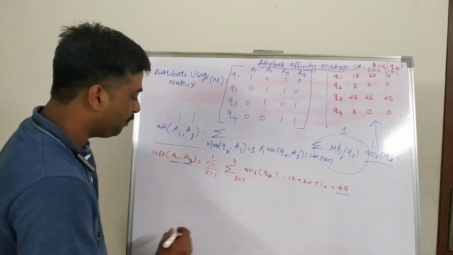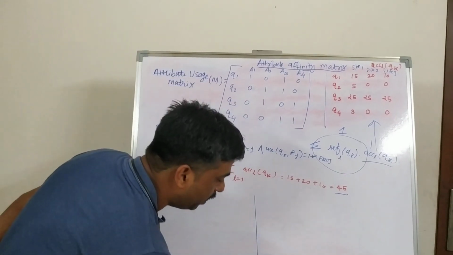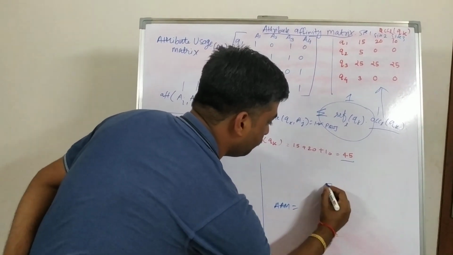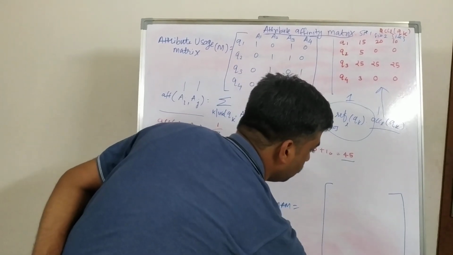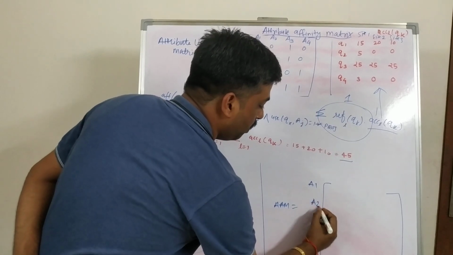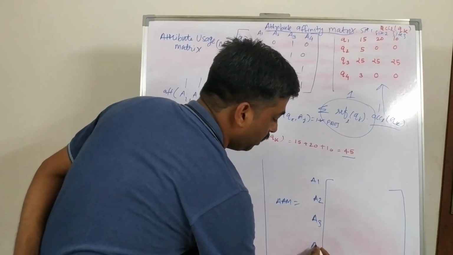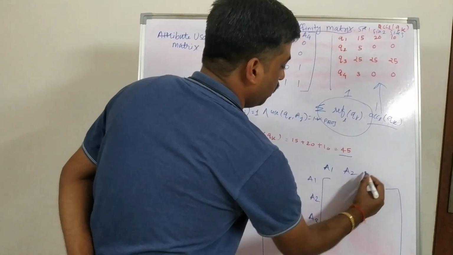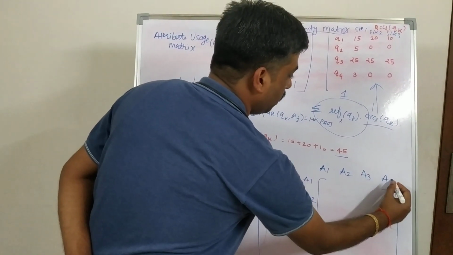So let's say before calculating the attribute affinity matrix, this is your attribute affinity matrix, and we will write A1, A2, A3 and A4. Here we will write A1, A2, A3 and A4.